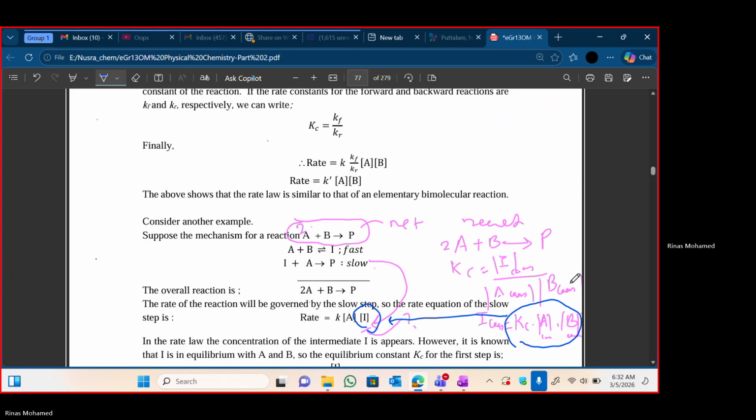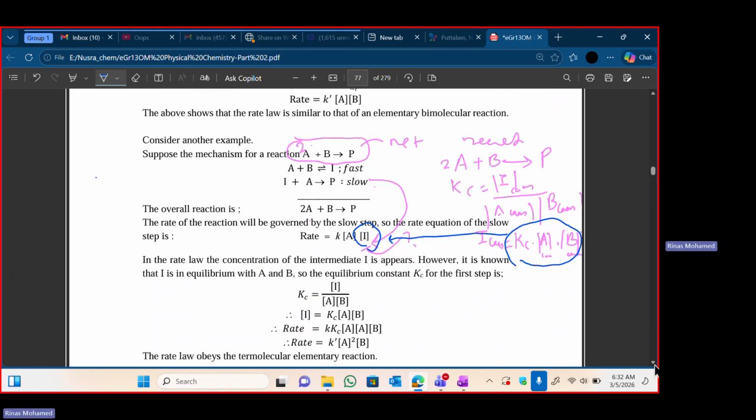Right? Likewise, I can replace. Then what will be the equation? There is K, and another Kc is there. Instead of A's concentration, I can put A, but instead of the intermediate's concentration, I can put Kc into A's concentration into B's concentration.